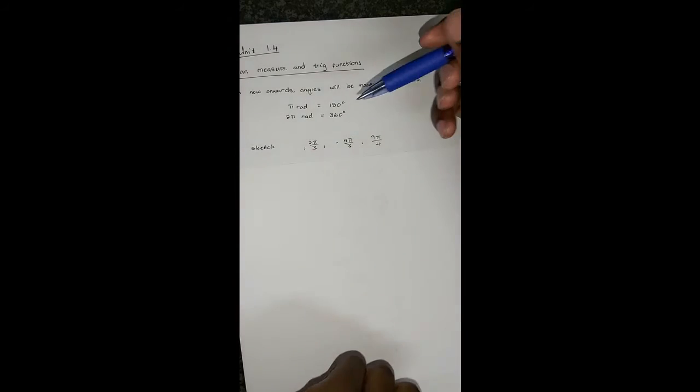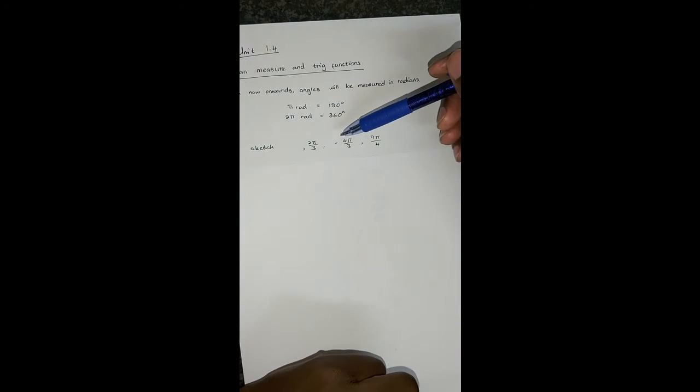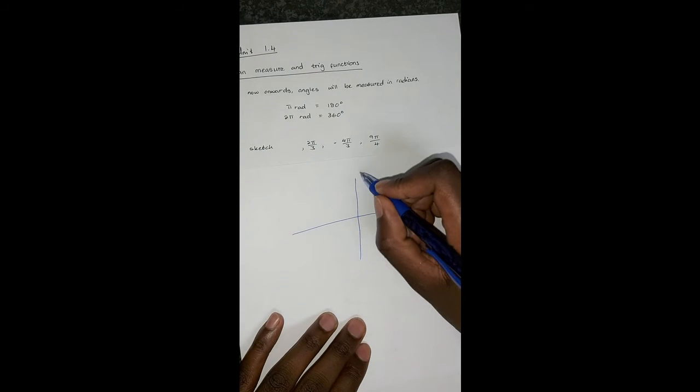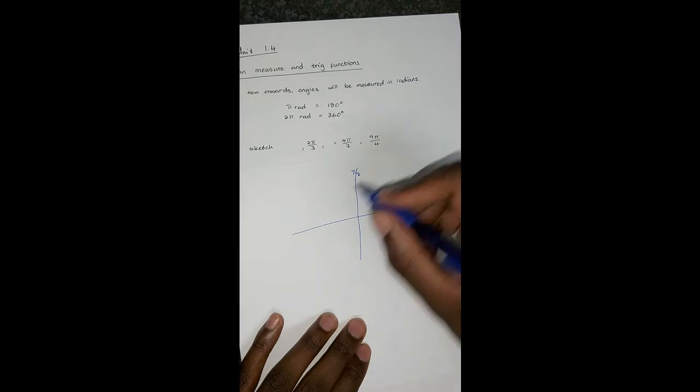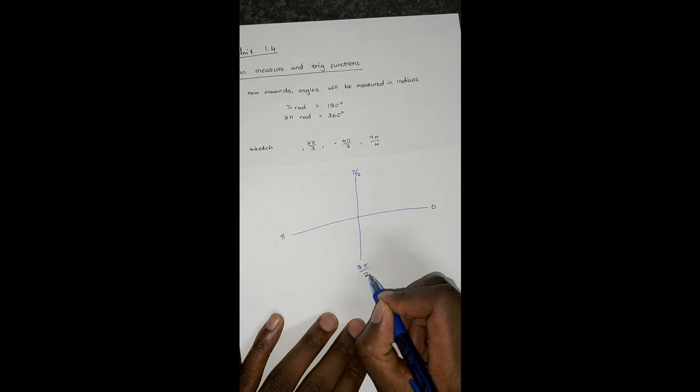Okay, so moving on, you now have to know how to sketch the angles. So I'm going to show you how to sketch a few simple angles. For example, sketch 2 pi over 3, negative 4 pi over 3, 9 pi over 4. Before we do all that sketching, if you have a Cartesian plane like that, then over here you have pi over 2, you have pi, 0, you have 3 pi over 2.